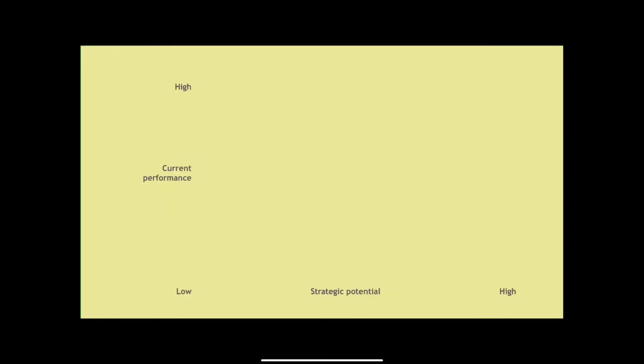On the horizontal axis we are measuring the strategic potential of our suppliers. And strategic potential means what could these suppliers be to us in an ideal future.